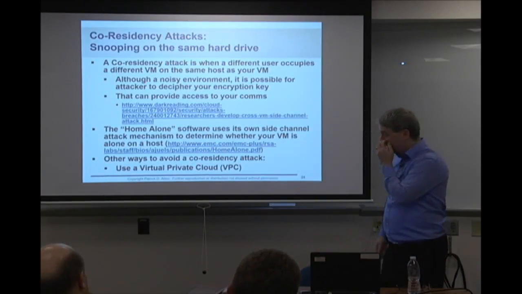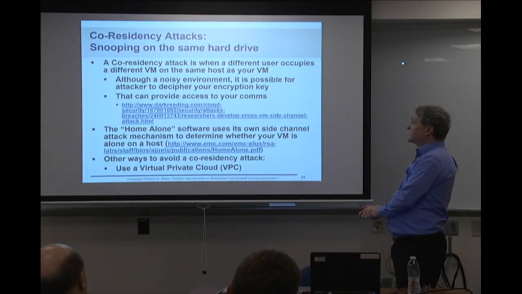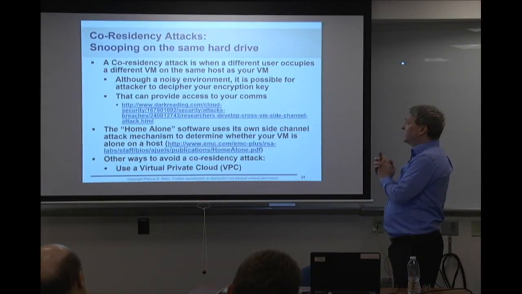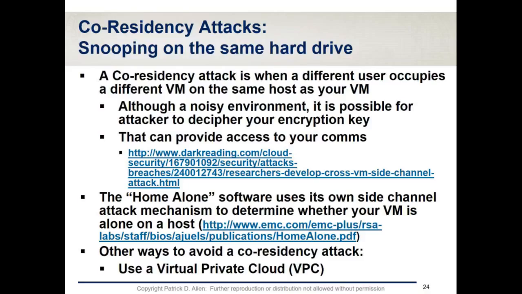All right, co-residency attack. What this is: your users are on a VM, and their VM is on the same machine as somebody else's VM, okay? So you are sharing the same hardware, but your calculations are different from the other person's.